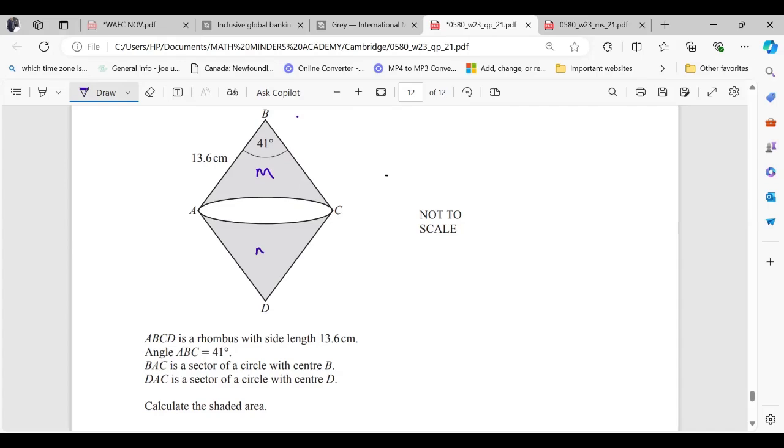First, let's get the area of triangle ABC.